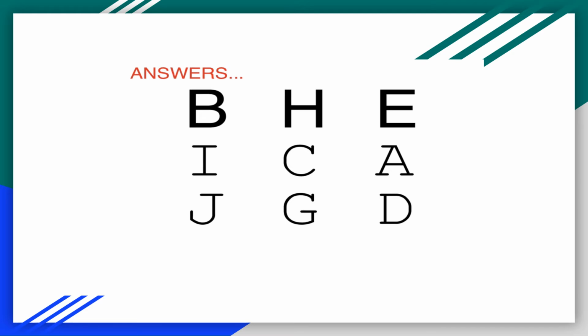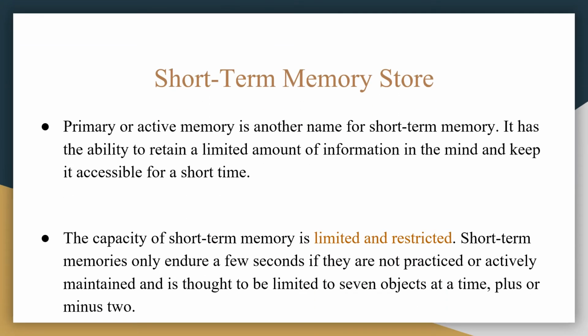We'll be heading into short-term memory store. Primary or active memory is another name for short-term memory. It has the ability to retain a limited amount of information in the mind and keep it accessible for a short period of time.